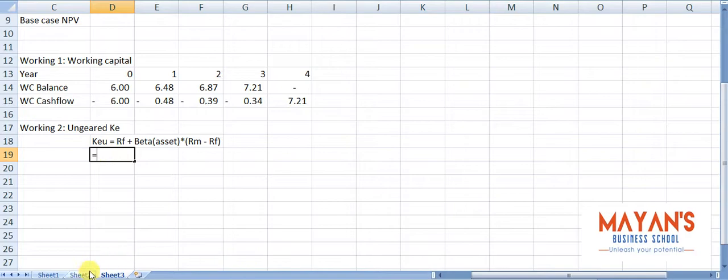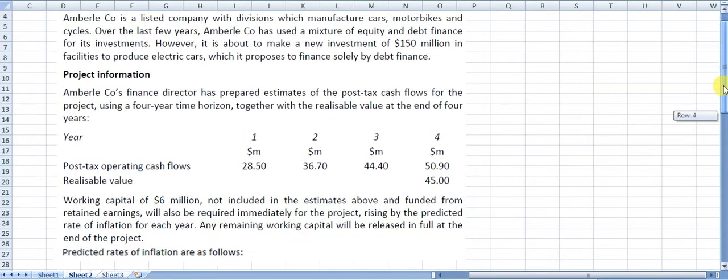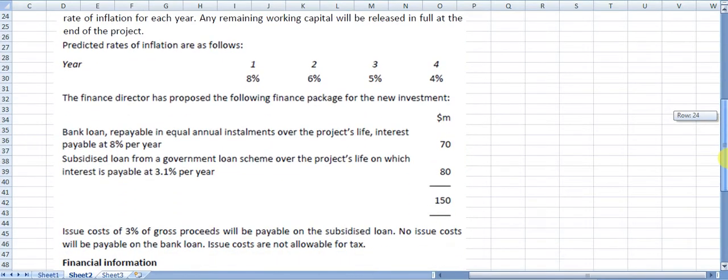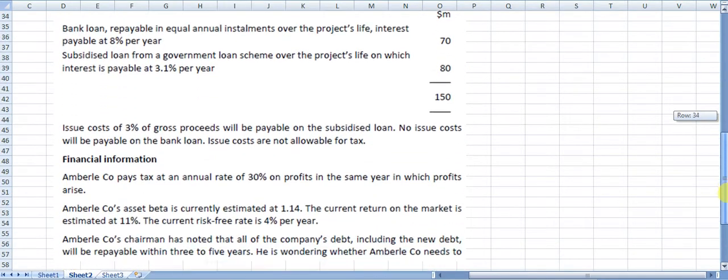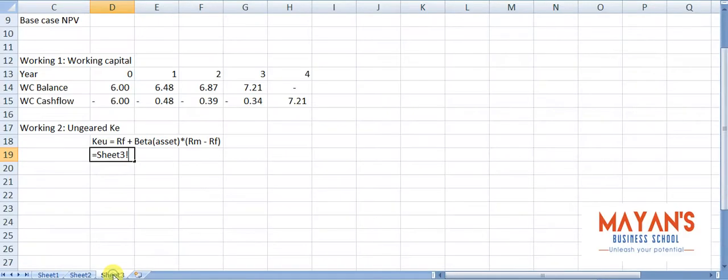Risk-free rate was given, 4%, market return 11%, beta 1.14.